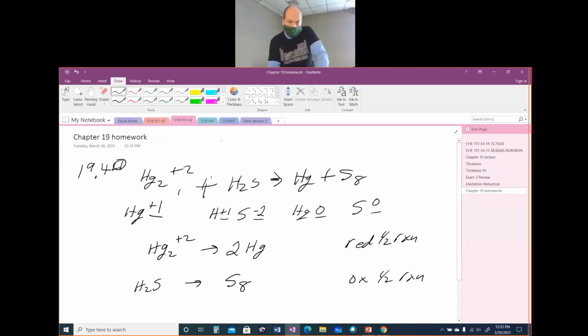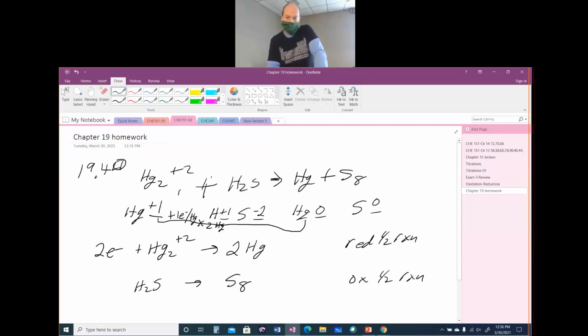All right, and you see that when we're going from this Hg that is plus 1 over to this Hg that is 0, we have to gain 1 electron for each Hg. All right, and so we have to gain then a total of 2 electrons because we have to multiply it by the 2 Hg atoms. All right, so we have 2 Hgs on both sides, so we need 2 electrons to balance that oxidation number.